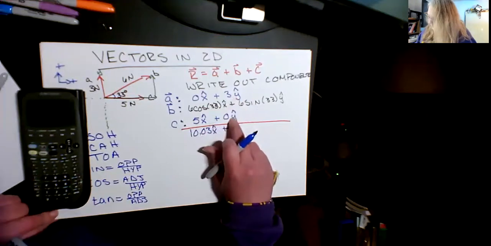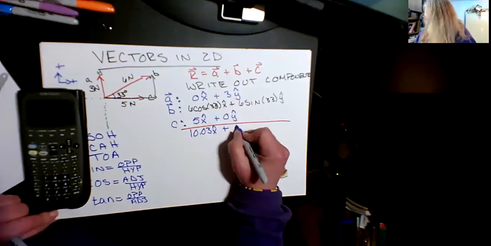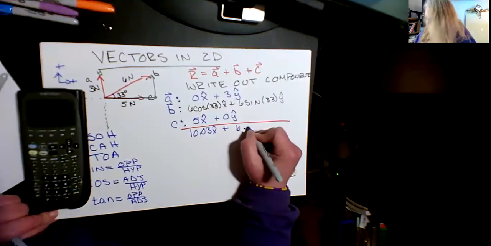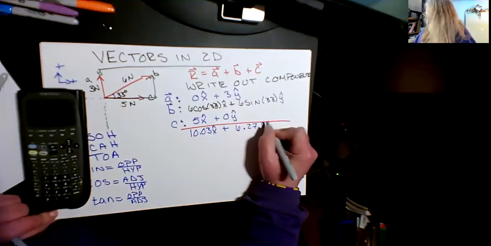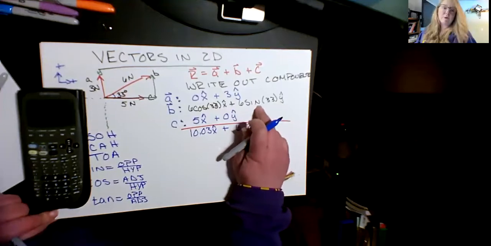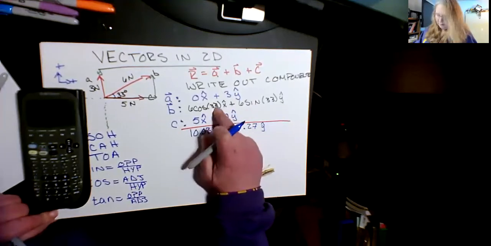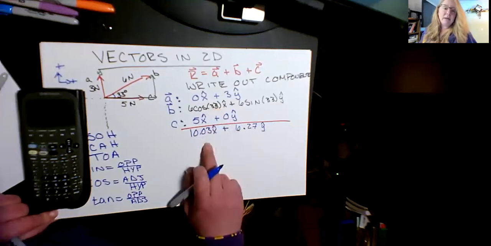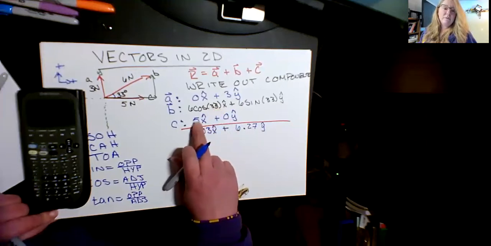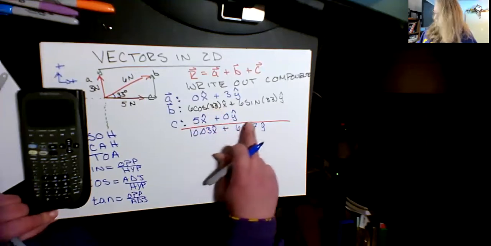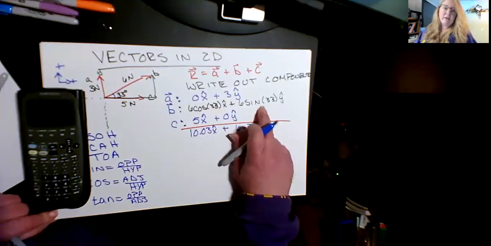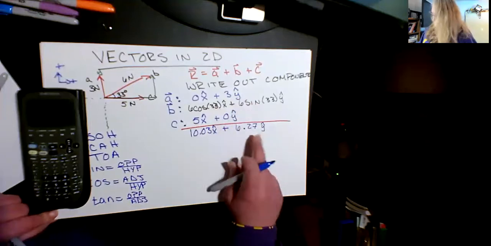So plus 3, there's a 0 there, so plus 6.27 in the y hat. So again, this value here was 3.27, and this value here was 5.03. So I add the 5.03 to the 5 in the x hat, and the 3.27 to the 3 in the y hat, and I get this value.